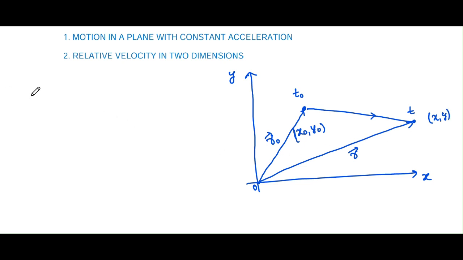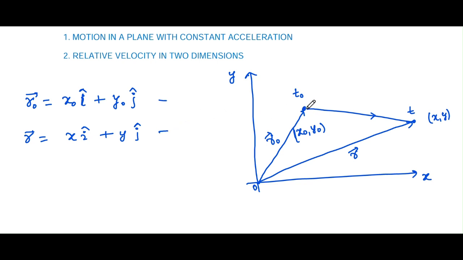So we can write position vector r naught equals to x naught i cap plus y naught j cap, and final position r equals to x i cap plus y j cap. So this is initial position and this is final position.